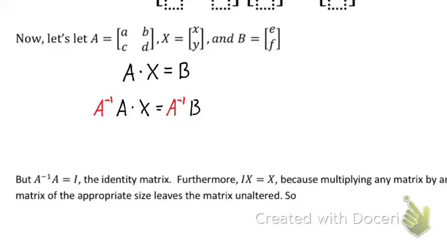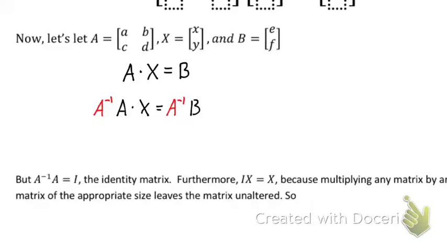What happens when I multiply a matrix by its inverse? What's guaranteed to happen if I multiply a matrix by its inverse? What's the result? It would turn into the identity matrix. And what's the identity matrix? It's equal to 1 in matrix world.